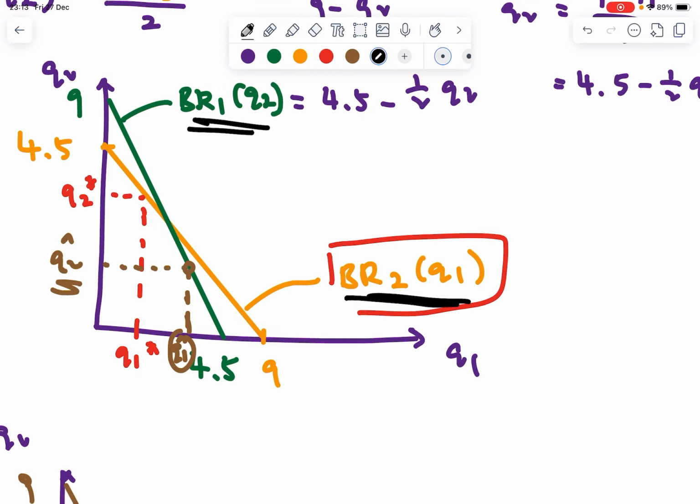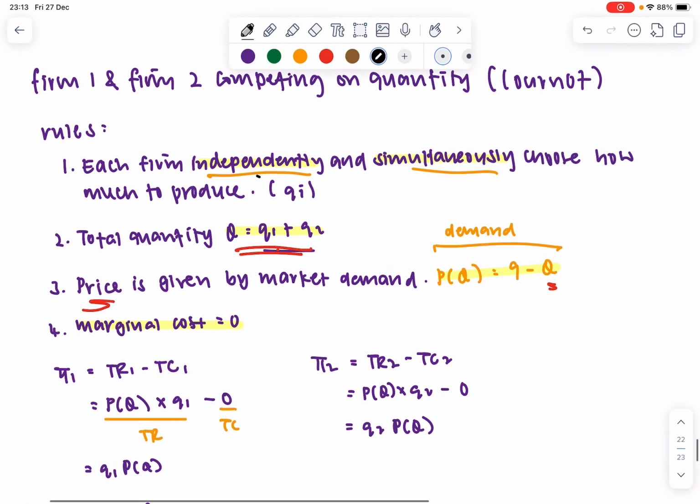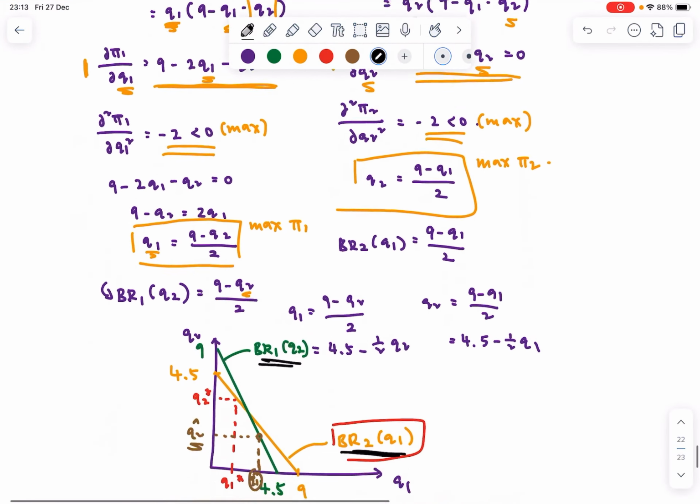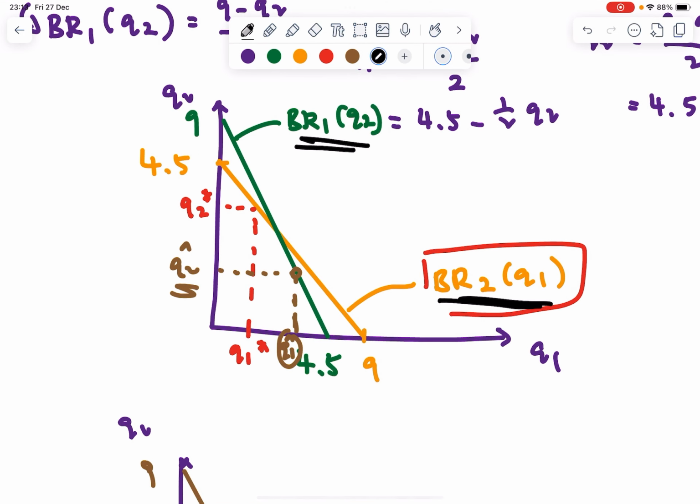So why do we need to draw a diagram like this? Because you need to remember that at the start, we said that each firm is producing independently and simultaneously, which means that when they're making their decision on how much to sell, firm 1 doesn't actually know how much firm 2 is going to sell, and firm 2 doesn't know how much firm 1 is going to sell.